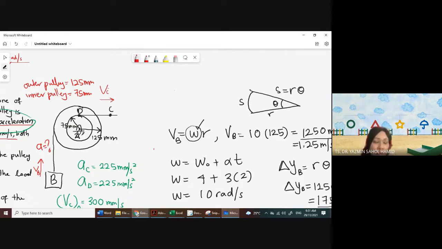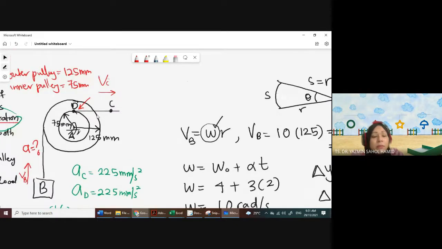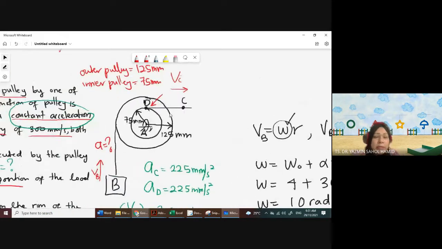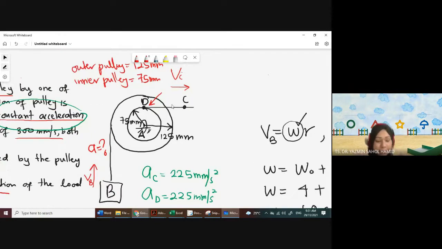Okay. Now, tadi kan acceleration kat sini kita dapat berapa? Berapa acceleration kat situ? Ingat tak tadi? Bukan dapat, dia beri.